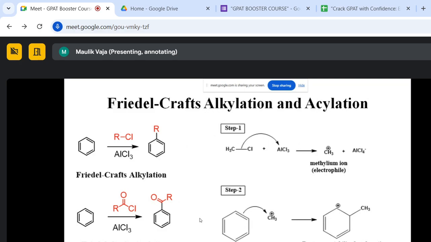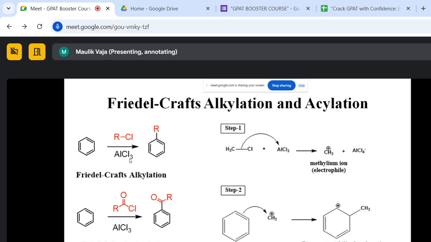Next reaction is Friedel-Crafts alkylation and acylation. As we know, for alkylation RCl and for acylation RCOCl is used. Here also a Lewis acid like AlCl3 is used. What is the role of AlCl3?